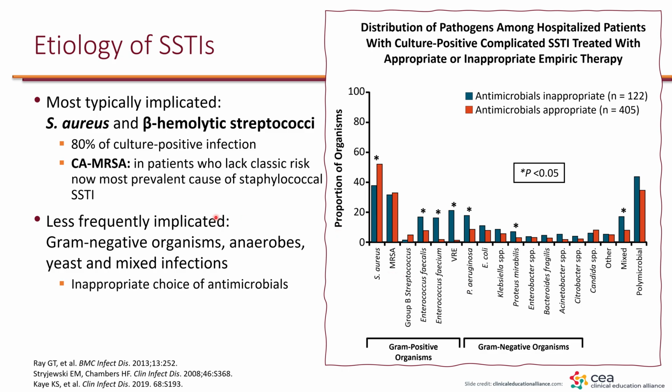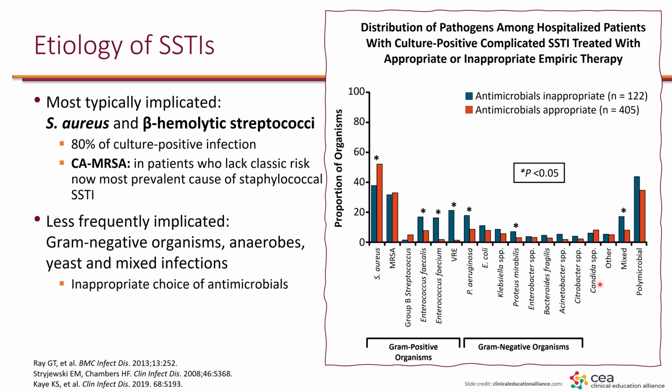Now, when we look at all skin and soft tissue infections collectively, most are due to Staph aureus and beta hemolytic strep. So you will see that the treatment is targeting these two organisms for the most part. Now, 80% of culture positive infections are from these two. And when it comes to Staph aureus, community acquired MRSA is a big portion of it.